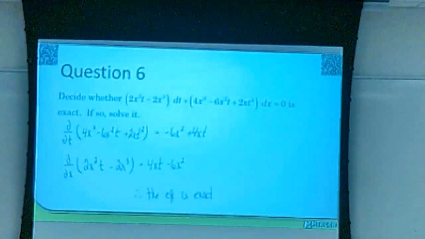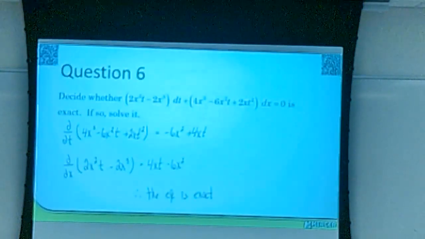Lowercase psi is used as the potential. And I think psi is actually a vector too, if I remember correctly. And psi of x would have to be 4x cubed minus 6x squared t plus 2xt squared.